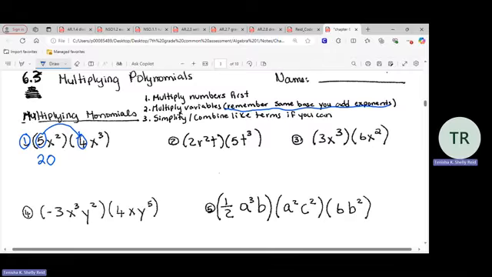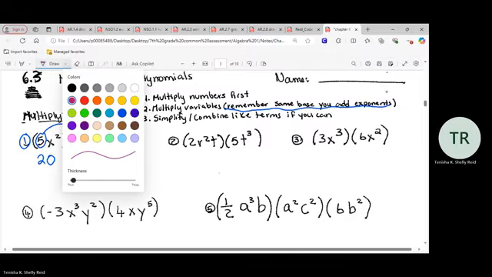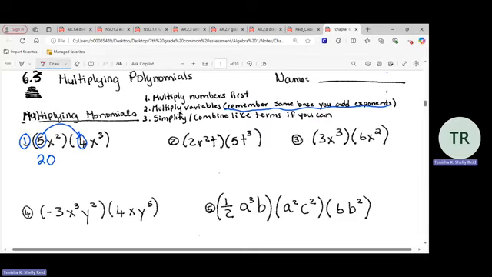Then I'm going to multiply the variables, that is x squared times x to the third. When we multiply with the same base, remember we add exponents. So that becomes x to the 5th power. And then can I combine like terms? No, this is it. I'm all good. 20x to the 5 is my answer.